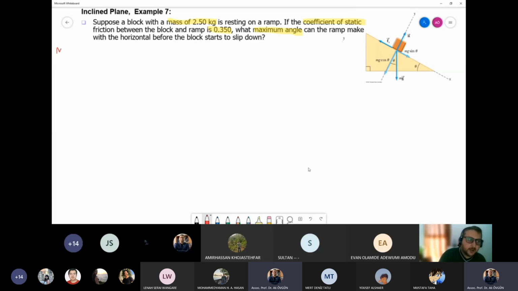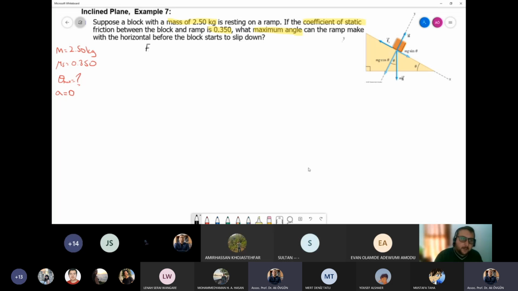So the mass of the object is 2.50 kilograms, mu s is 0.350, and they ask you for theta max. So how can you find it? They said that before the block starts to slip down, it means that the acceleration is equal to 0.